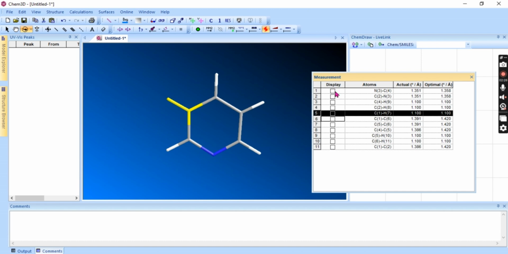Nitrogen to carbon, its length is 1.1. Again from carbon 2 to nitrogen, and we have again 1.1.